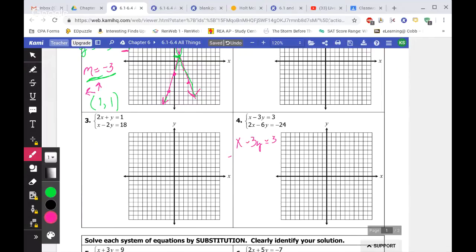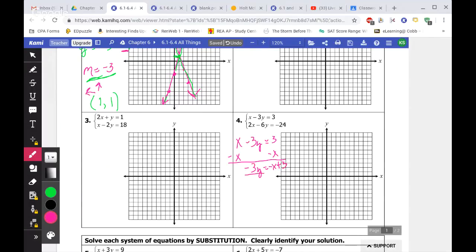And we have to get x to both sides. You can't just move it. You have to use inverse operations to get it over there. And the inverse of positive or addition is subtraction. So you've got negative 3y equals negative x plus 3.